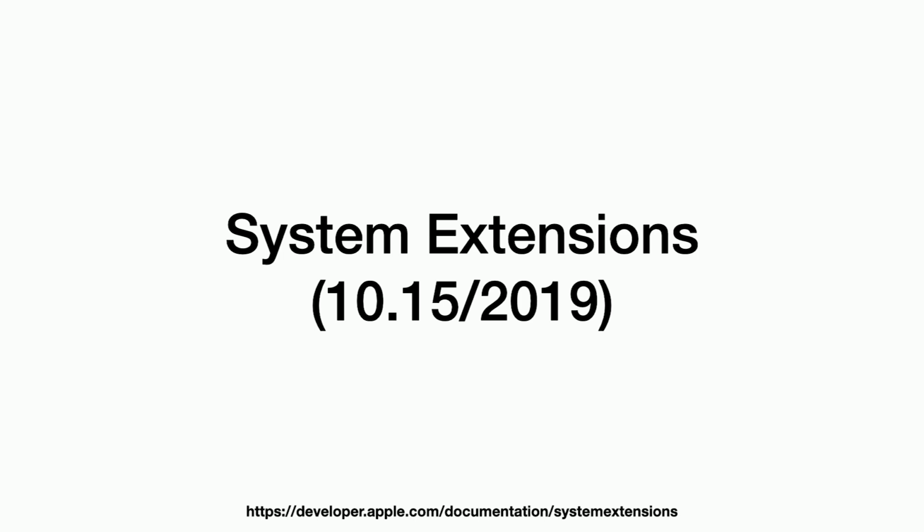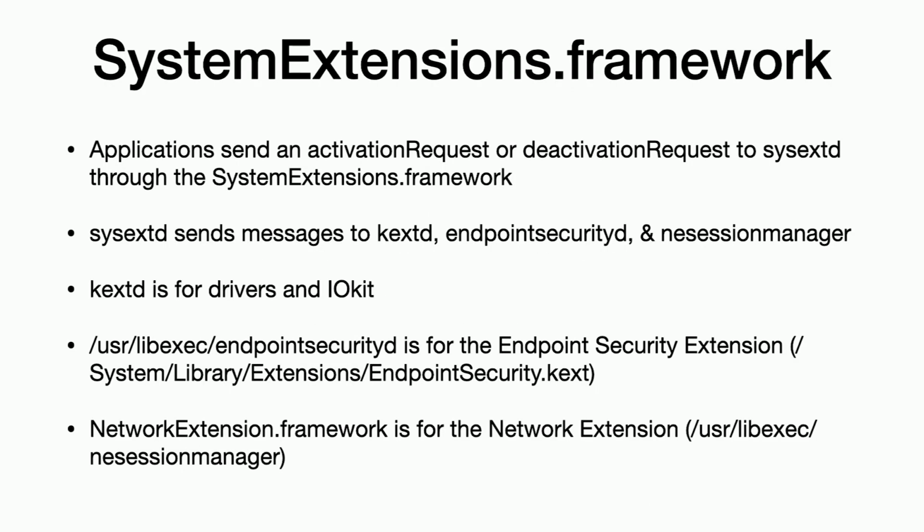Moving on to the next type of extensions, system extensions, introduced in 2019. And this was when the writing on the wall was there that kernel extensions were going away. Notice it's there for the Mac 10.15, not for iOS, because iOS doesn't need those kind of things, I guess.